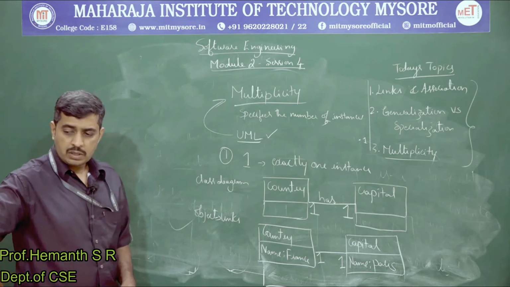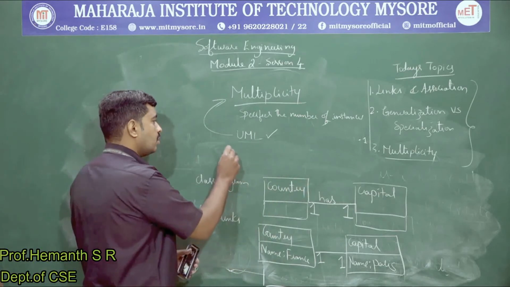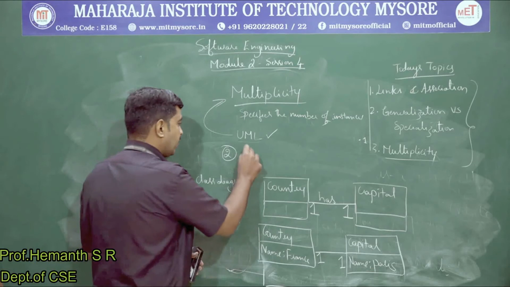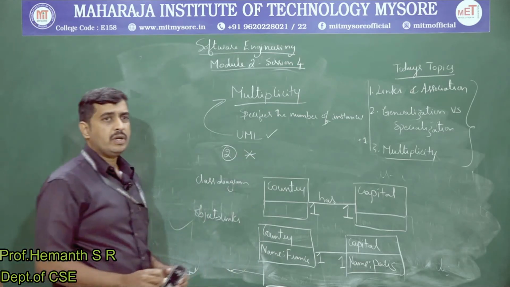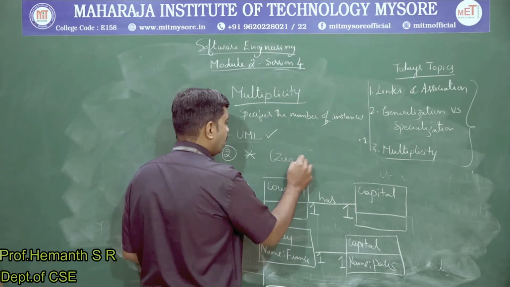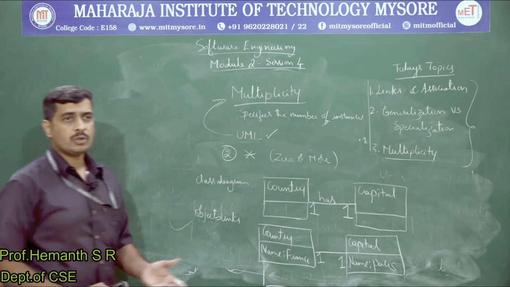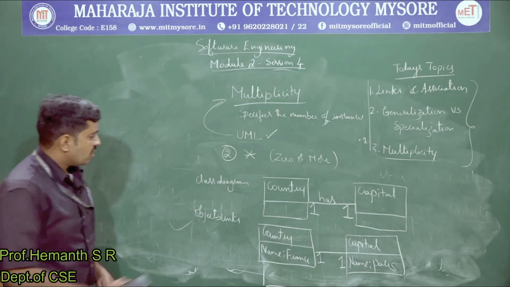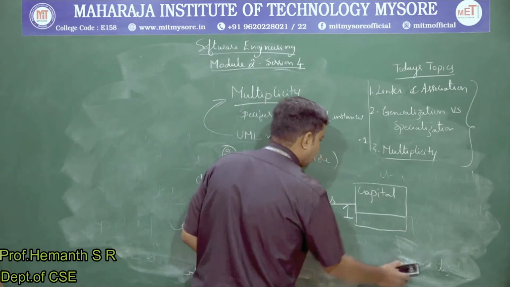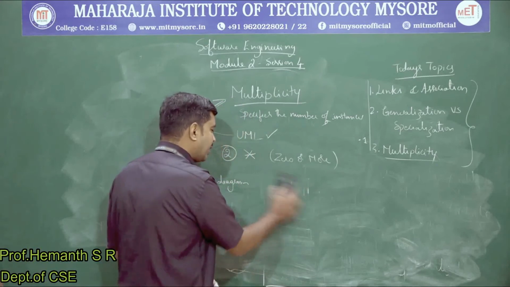The second case of multiplicity is the asterisk. This denotes 0 or more. Now I'll take a different example so that we can have diverse examples, which improves our clarity.